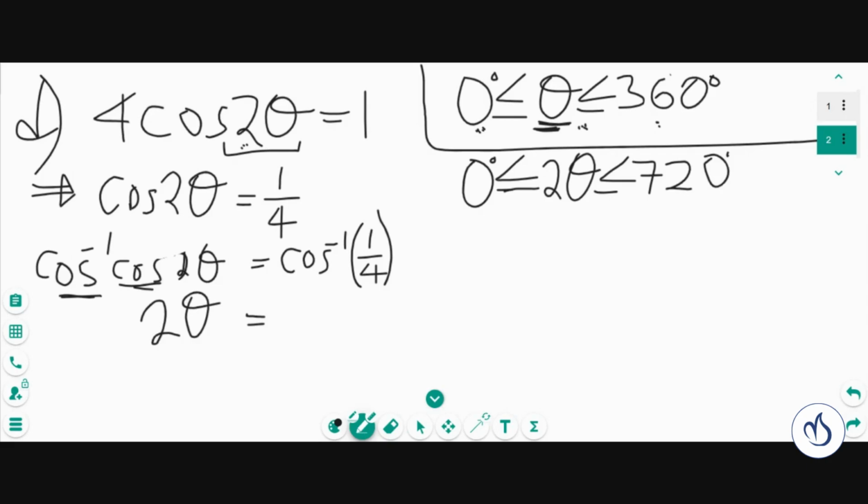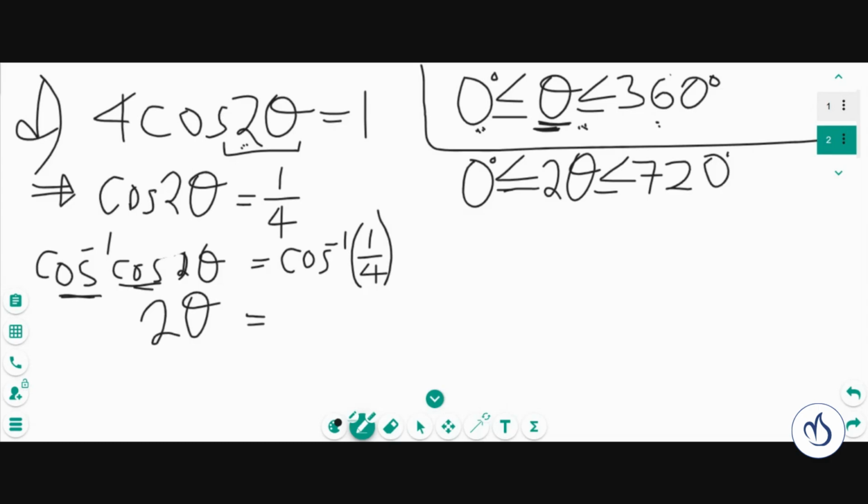Cos inverse of a quarter, I press that on the calculator to get its value. My calculator, cos inverse of a quarter. Okay, I'm having 75.52.